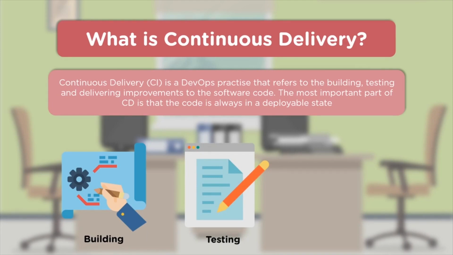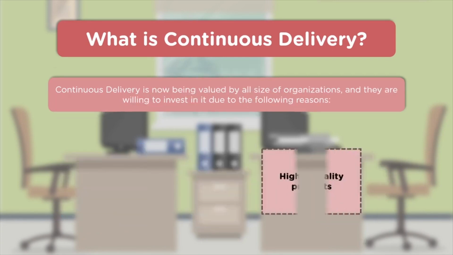Once the testing is done, you create the artifacts, such as WAR files, JAR files, EAR files, whatever artifacts we have, and then we deliver them to a specific environment. We say, yes, let's go with the delivery, let's make it into a state where we will be able to deploy to pretty much any environment. That's the real beauty of continuous delivery, where we can deliver to whatever environment we want.